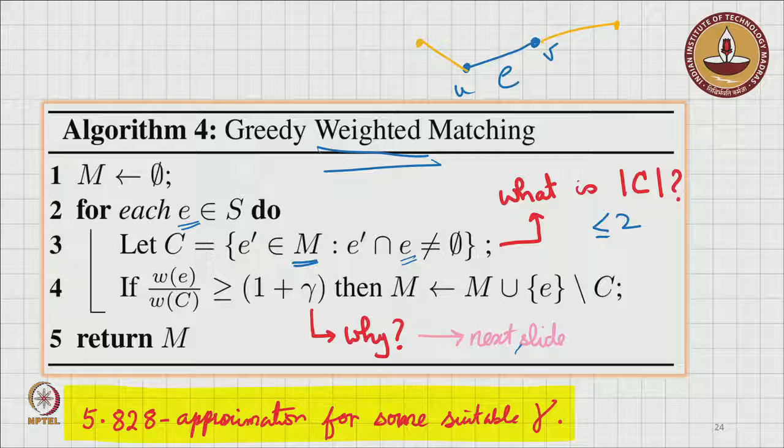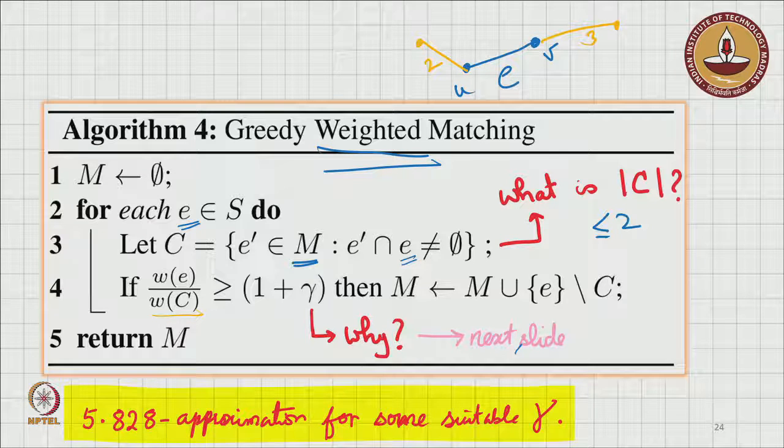Okay, and you look at that set C, and the W of C is basically the sum of the weights of those edges. So let's say this is 2 and this is 3, then W of C will be 5.